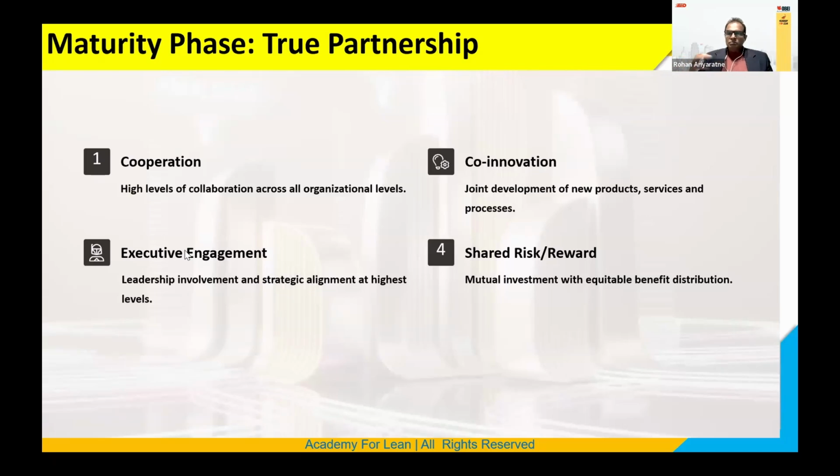And also together we do a kind of co-innovation. That means, as explained, joint development of new products, services, and processes. I do remember some of the materials we developed with suppliers based on the customer requirement together. As Vimal explained, like printing, stamp, embellishment.